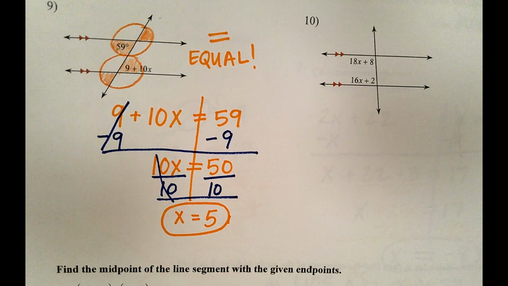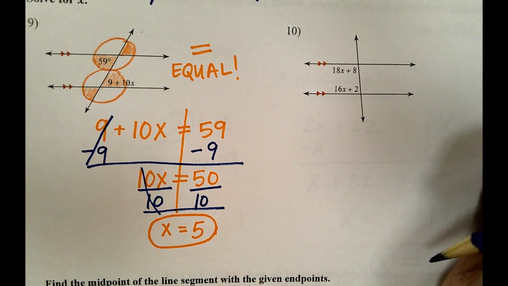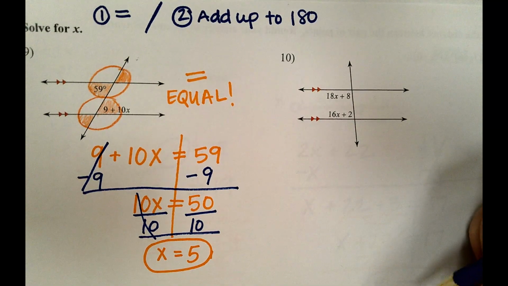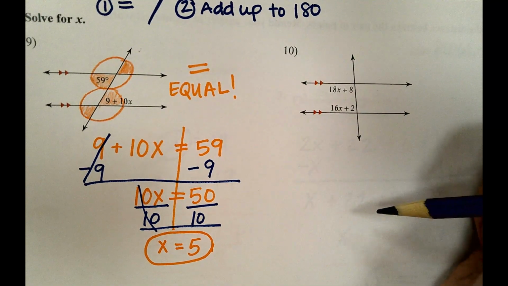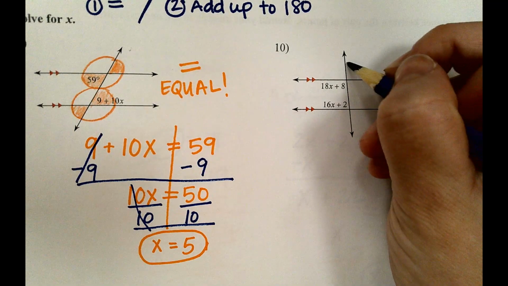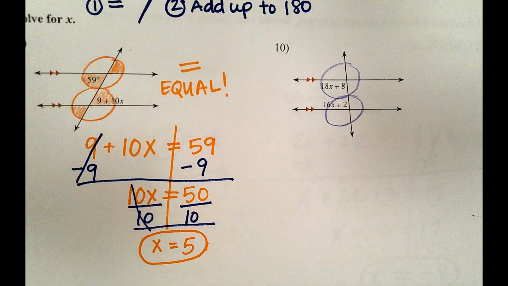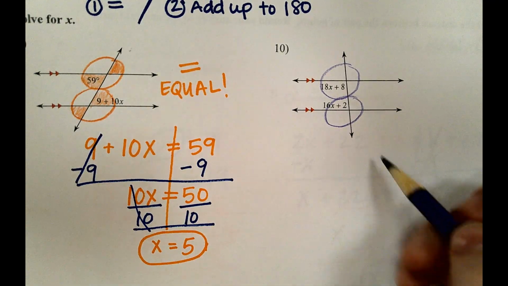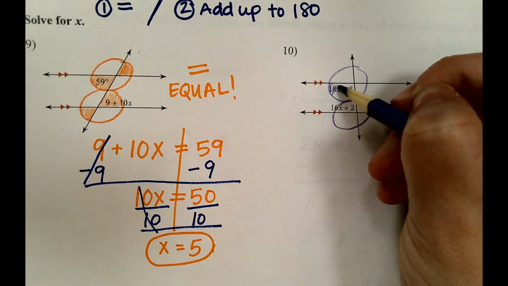Now, number 10 is similar, but slightly different. I'm going to do that circle trick again, because before we do anything, we want to decide, are they equal to each other or do they add up to 180 degrees? So let's see where the positions are. I'll start with my 18x plus 8.